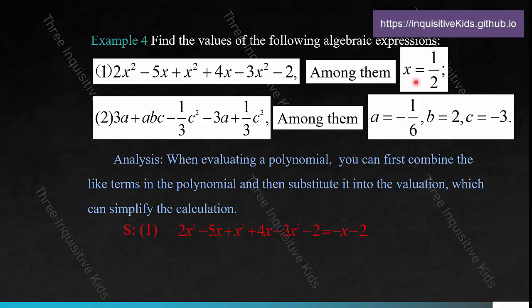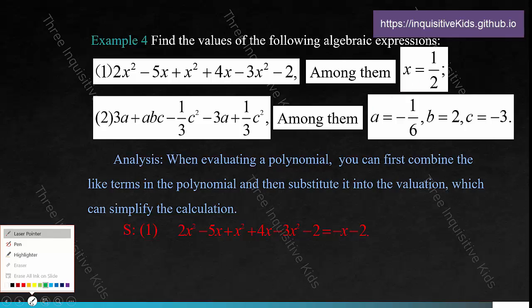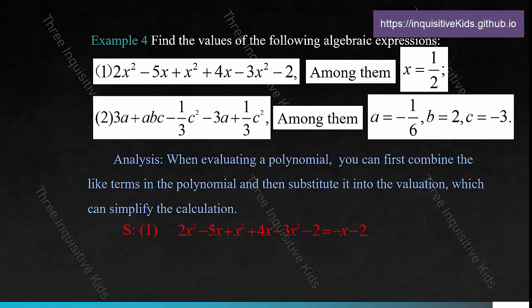For example, for the first one, watch. I don't even have to first care about what x is equal to. I first just try to combine and simplify like terms in the polynomial. 2x, there's positive x, 2x squared, there's positive x squared, and negative 3x squared.